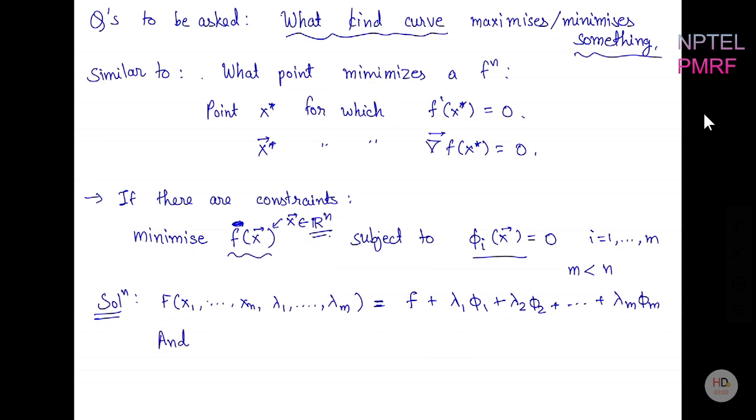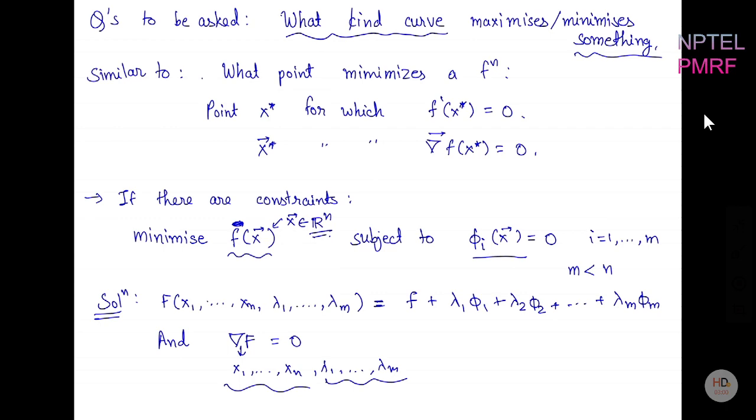The solution was that the gradient of this function should be 0, where the gradient is taken with respect to x1 to xn and with respect to lambda 1 to lambda m.